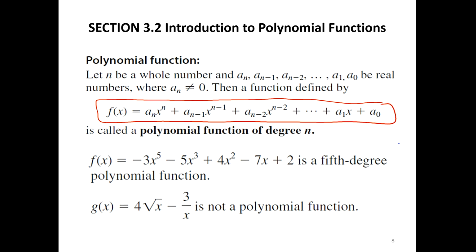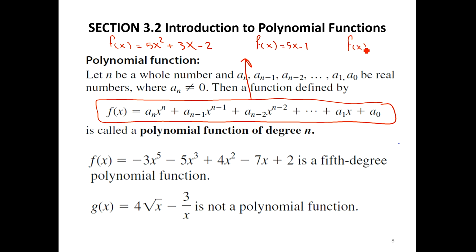We have a_n x to the power n, a_(n-1) x to the power n minus 1, and so on. For example, f of x equal 5x squared plus 3x minus 2 is a polynomial. Also, f of x equal 5x minus 1 is a polynomial.